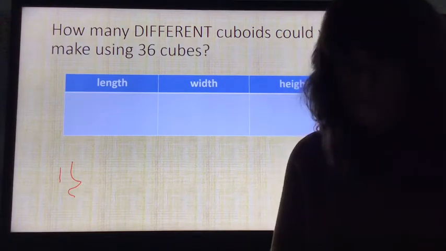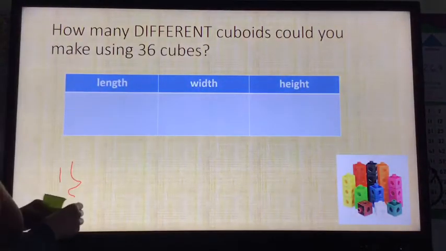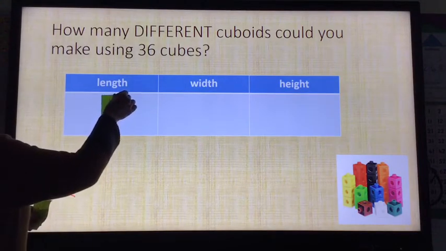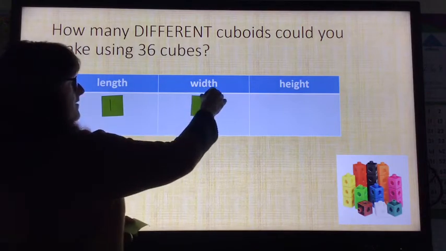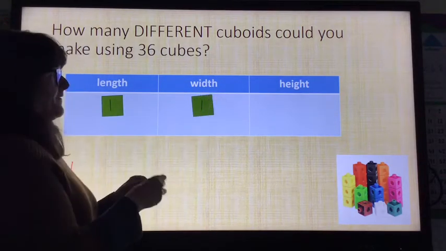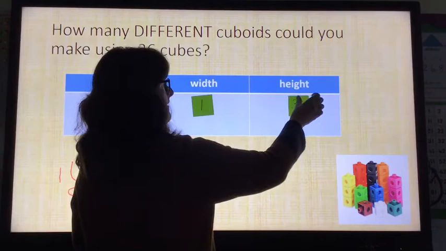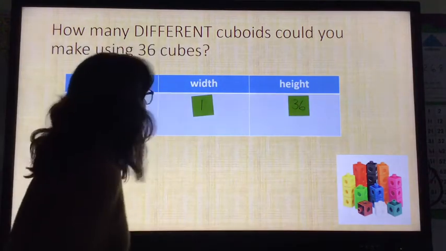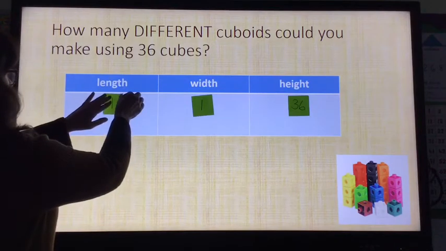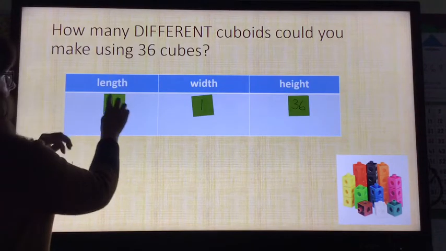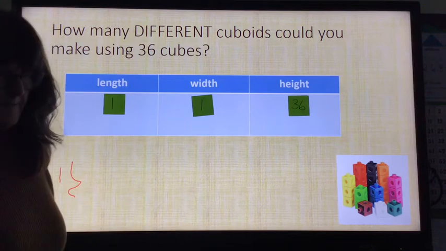I always like to start where it's easiest. The length could be 1, the width could be 1, and therefore the height would have to be 36. That would be one possibility.